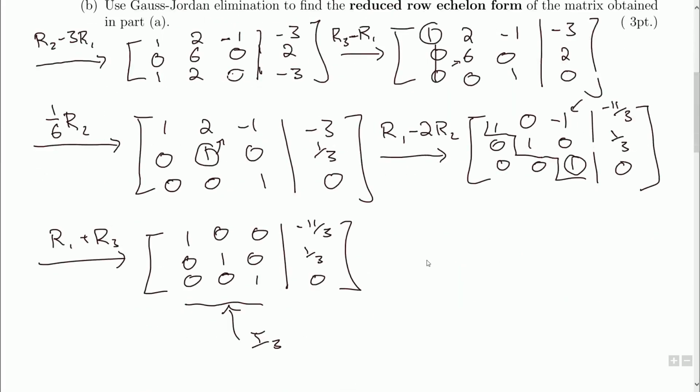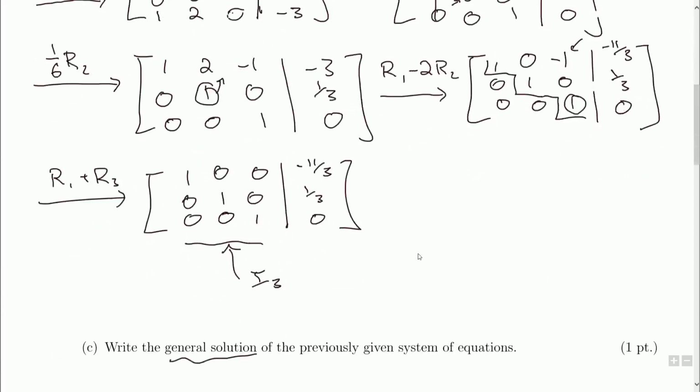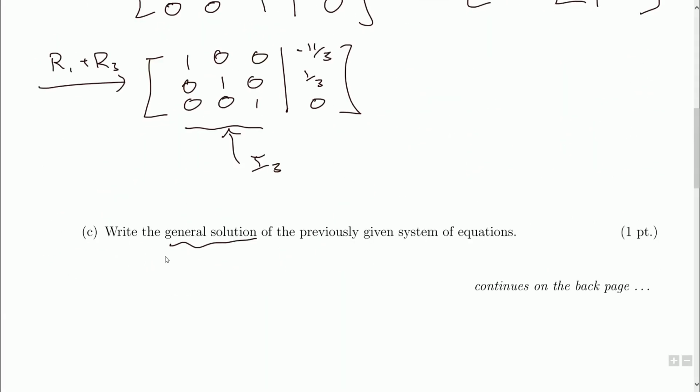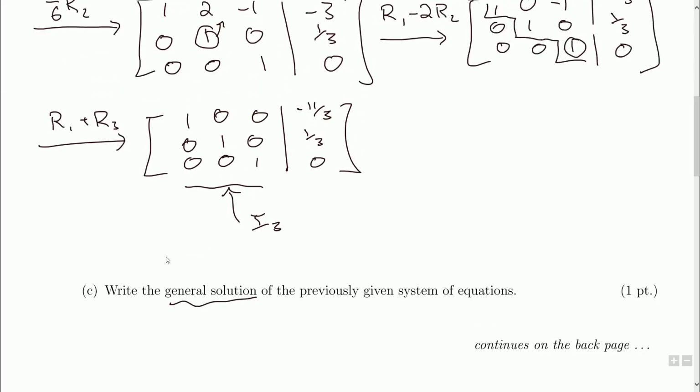What can we see right away for our particular question C, where we want the general solution? Well, we could see, for example, that the rank of this is 3, the rank of the whole thing is 3, so we're going to get a unique solution here. That's one thing that we could note.